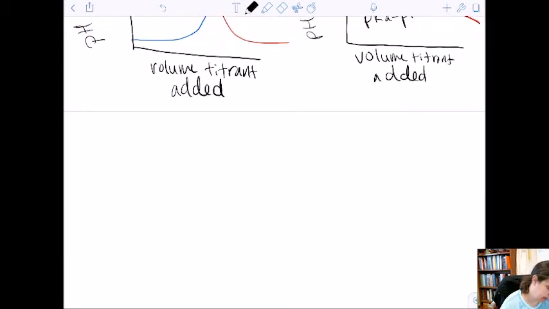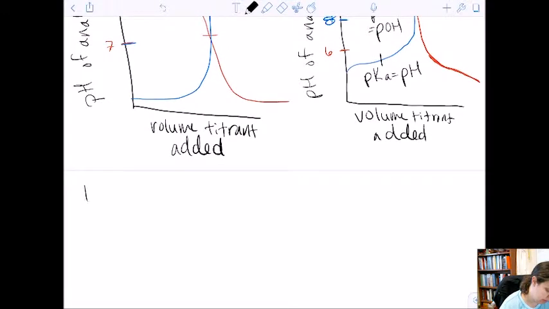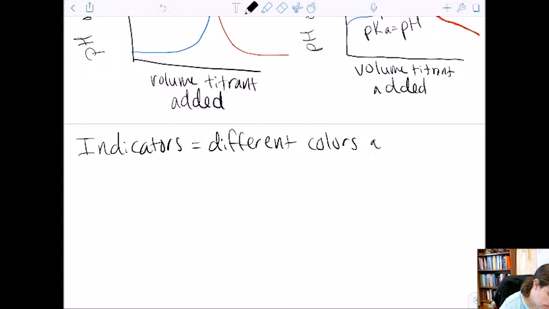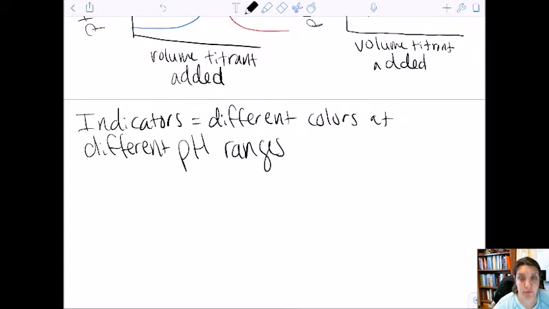Another thing we're going to be looking at in today's lecture is indicators, which basically have different colors at different pHs. So what an indicator can be used for is to show the equivalence point.